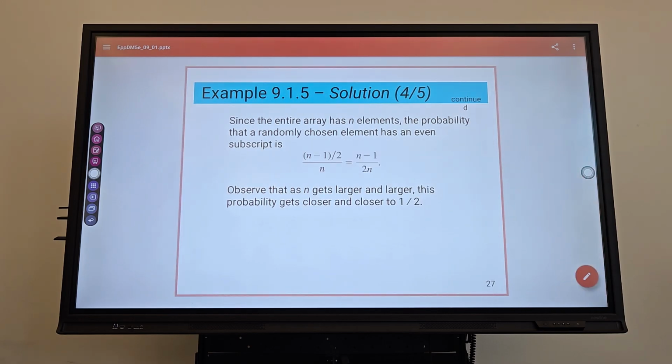Since the entire array has n elements, the probability that a randomly chosen element has an even subscript is n minus 1 over 2n. Observe that as n gets larger and larger, this probability gets closer and closer to 1/2.